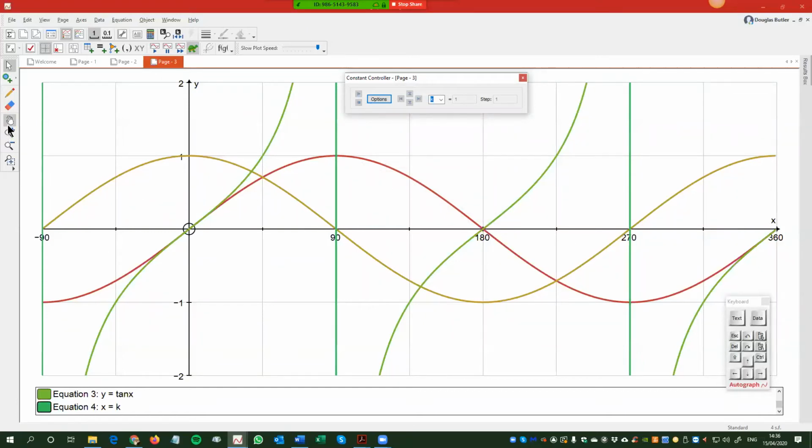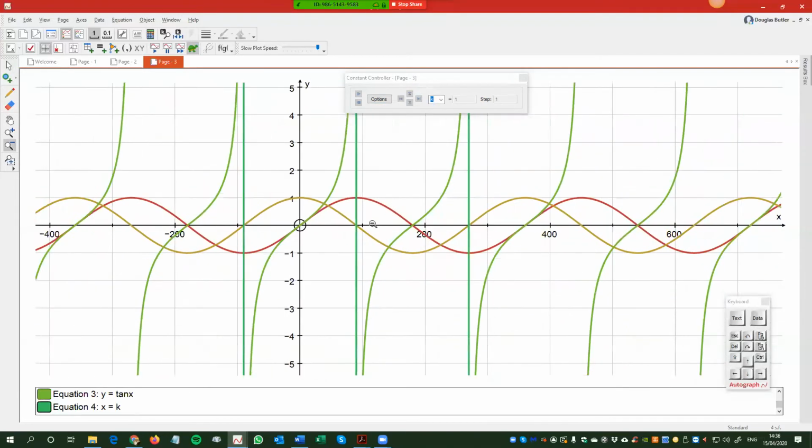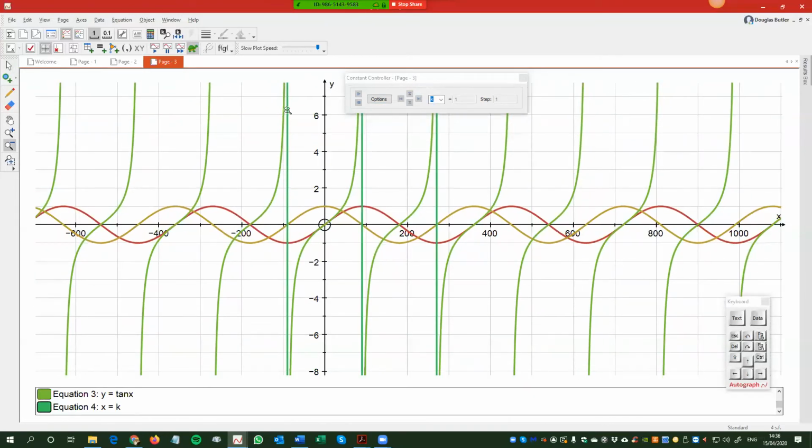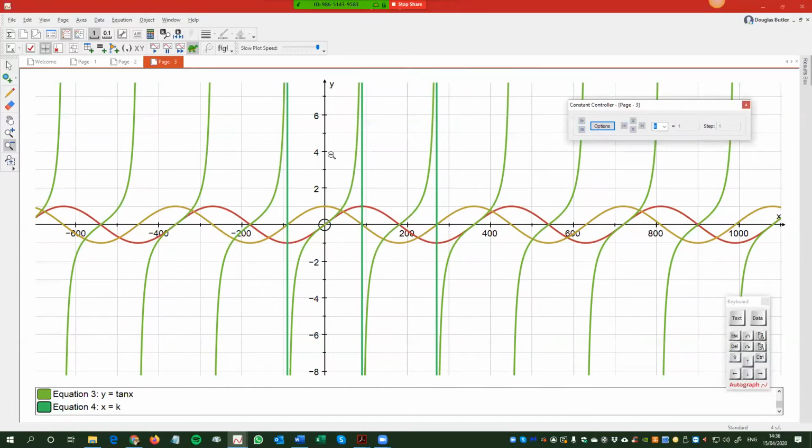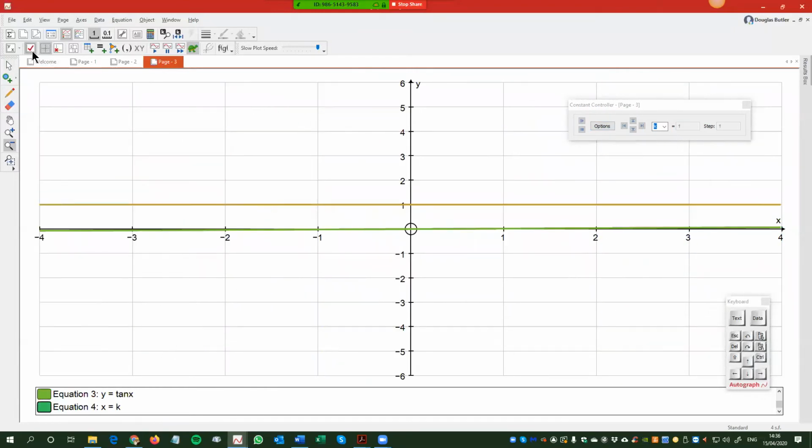If we want to move out a bit, you can see what's going on, and you can see that the tan does indeed go up to, well, it's heading towards infinity. It's got a long way to go, of course, and our red tick will take you back again. Aha, the red tick is actually quite clever, but it takes the last reading.